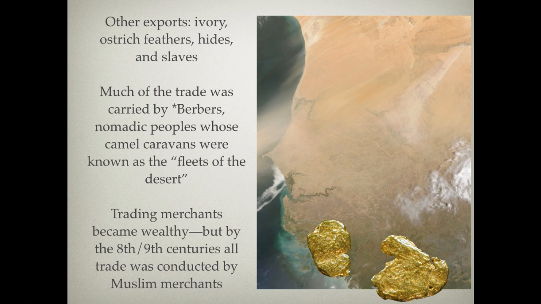Now, we end up seeing trading merchants become incredibly wealthy. But by the 8th and 9th century, we see all trade was conducted by Muslim merchants exclusively, perhaps due largely to the fact that so many in northern Africa had converted to Islam. And so the northern African trade route becomes primarily controlled by Muslims.